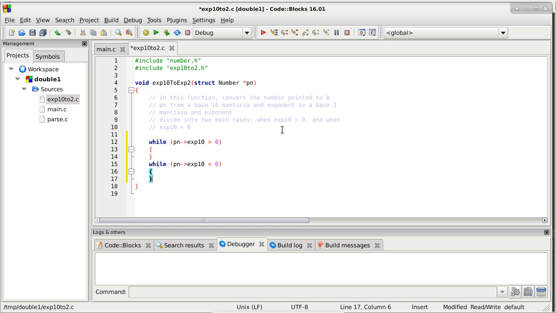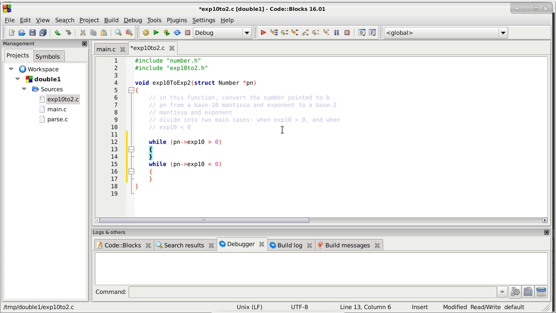And I do not need a conditional statement, because when the first loop exits, exp10 is going to be 0. So there's nothing the second loop is going to do. Does that make sense? Because the objective is to make exp10 the number 0. 0 is neither greater than nor less than 0. Okay? All right. But one thing at a time, we'll deal with this one first.